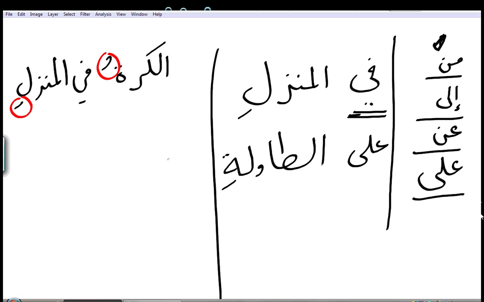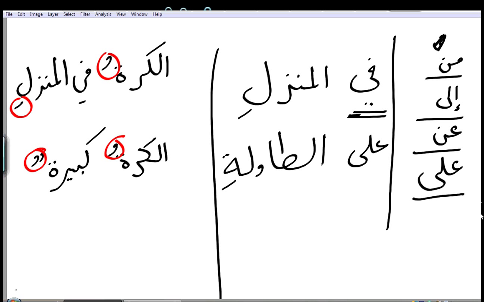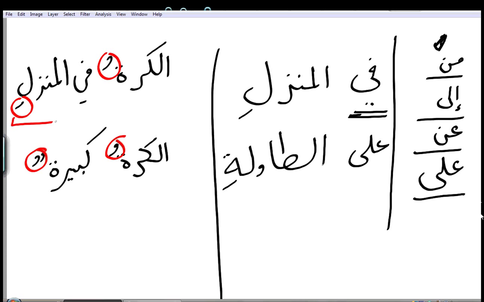While when I said, for example, if I want to say the ball is big, al-kuratu kabiratun, I add tanween dam. It's just that there was a fi here.